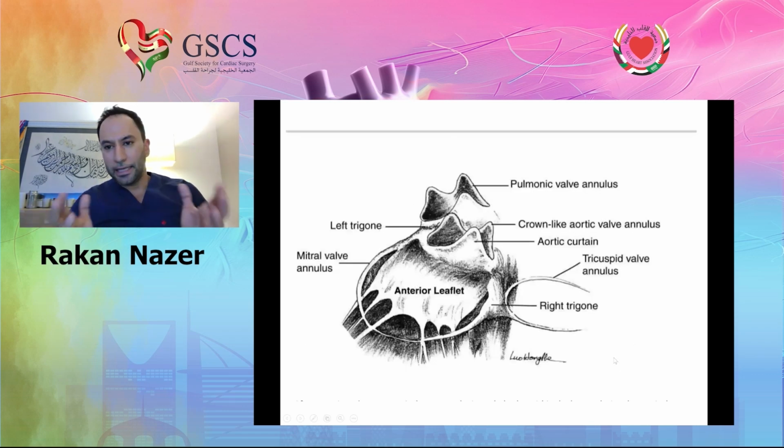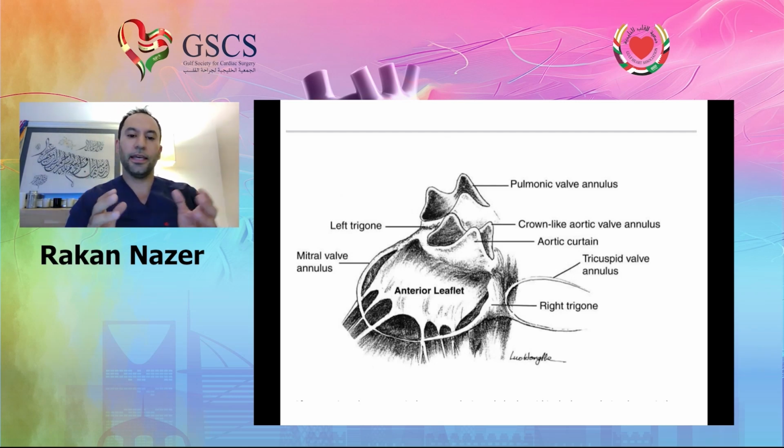So a brief explanation of the fibrous skeleton of the heart, where there is a fibrous body continuity involving the mitral annulus, namely part of the posterior mitral annulus and sparing the P2 area, the aortic valve annulus, and the tricuspid annulus, where the right trigon meets the membranous septum at the commissure between the right coronary and the non-coronary commissure.